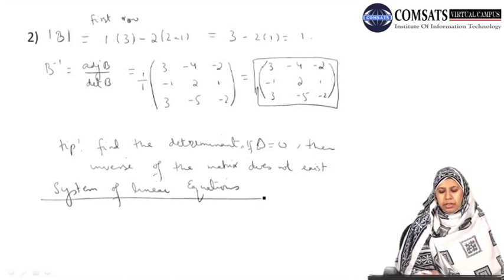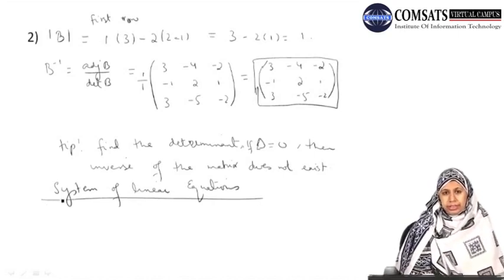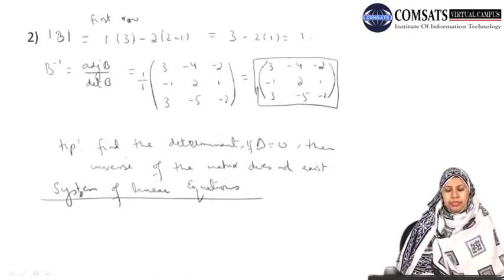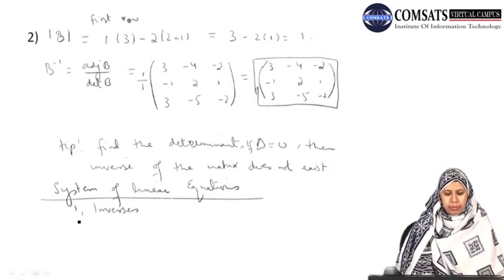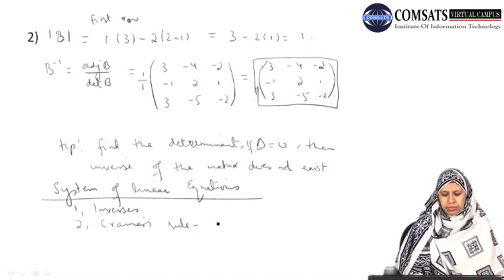and in this chapter we have solved the system of linear equations by using the inverses, by using the determinants, that is our Cramer's rule.